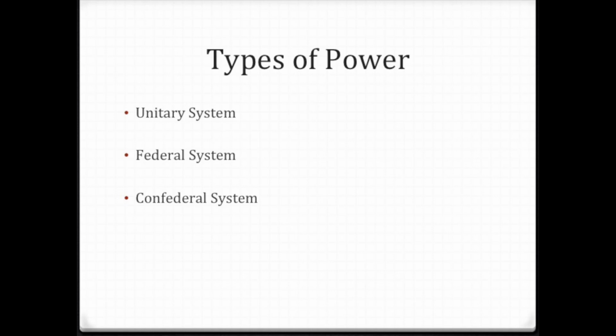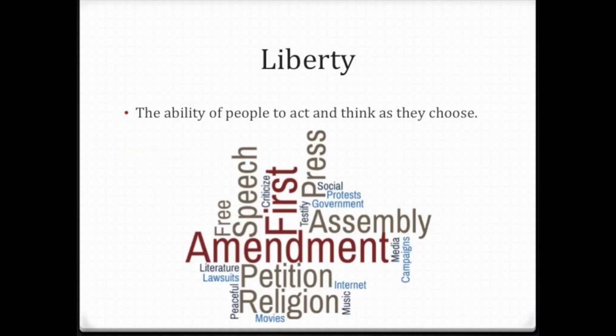So our next concept is liberty, and that's the ability of the people to act and think as they choose. We talk about our different liberties that we have, being able to go where we want, the constitutional freedoms that we have that we'll talk about soon, coming up for this weekend. But liberty is your freedom. It's what you have. It's your right. It's what you're allowed to do.